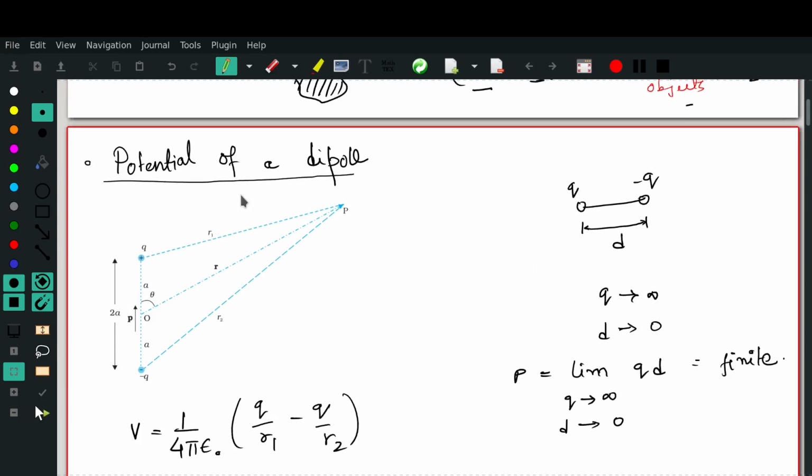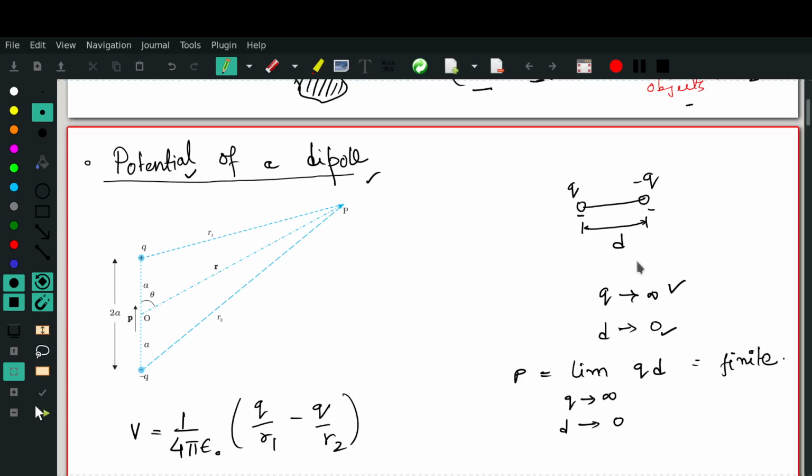Let me show you how to calculate the potential for a dipole. Just to remind you what a dipole is, it is just two opposite charges separated by a very small distance. For a dipole, the exact definition is that the q that we are writing here goes to infinity. The charges are huge, almost infinite, but the distance is very small, so you almost cannot distinguish them.